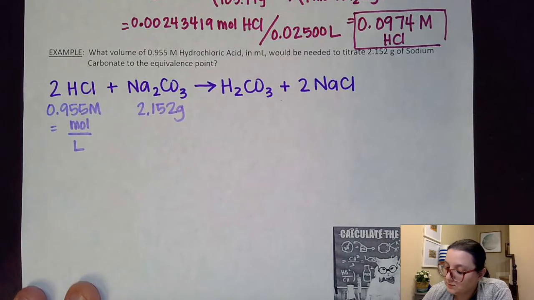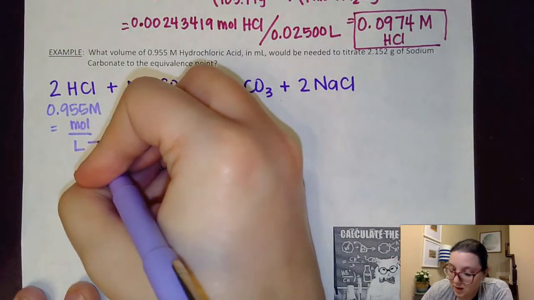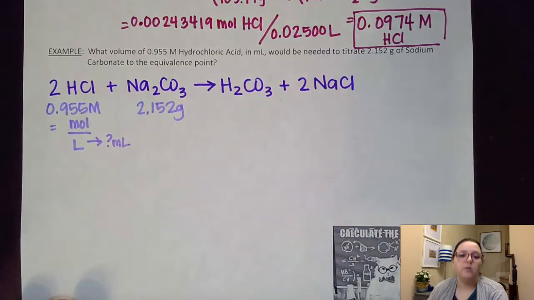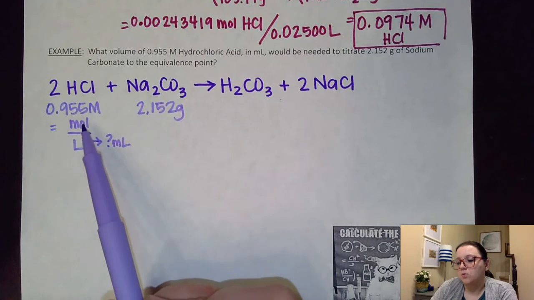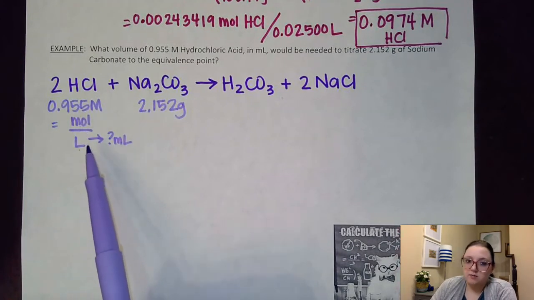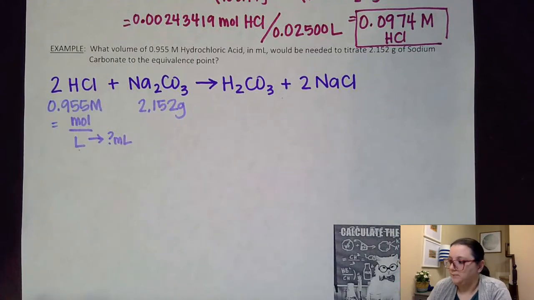And it wants us to figure out this volume in milliliters. So eventually, I want to take this liters and figure out how many milliliters. If I think about this molarity equaling moles over liters, if I figure out what the moles are, I can figure out what the liters would be, right? Doesn't sound so bad.